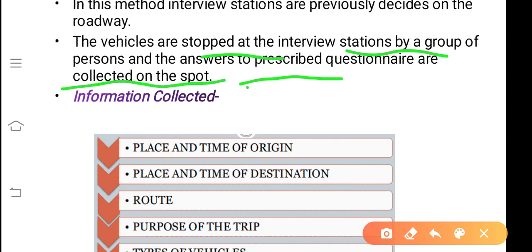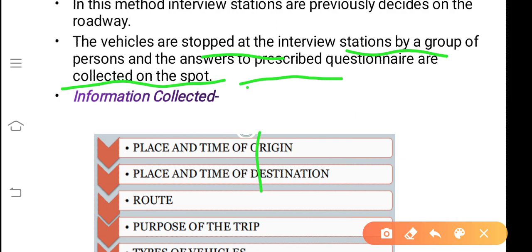Means in the office itself, all the probable questions that are to be asked of the interviewees during the interview are prepared, and then the prescribed questionnaires are collected on the spot.